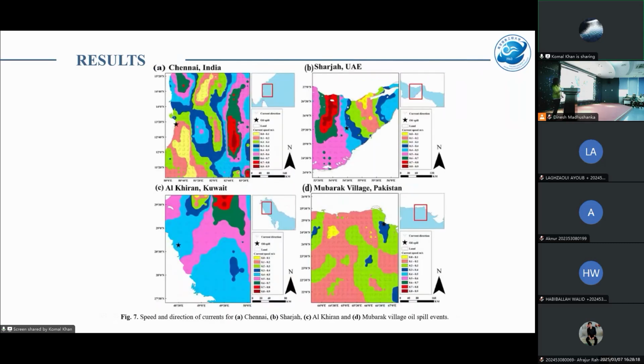These are showing the results of current speed and direction at the time of the spill, because current and winds have strong impacts on the movement of the oil. That's why I have plotted all this data.